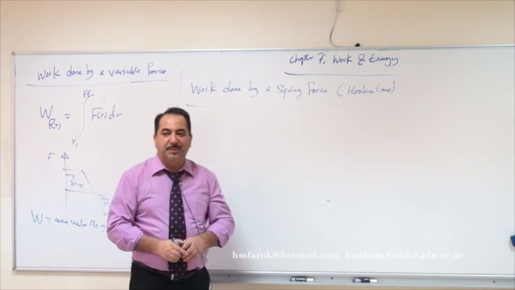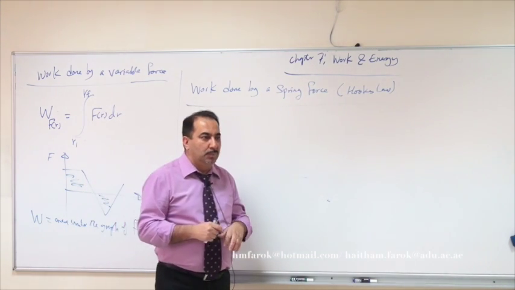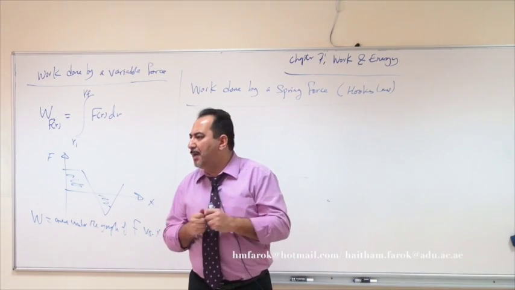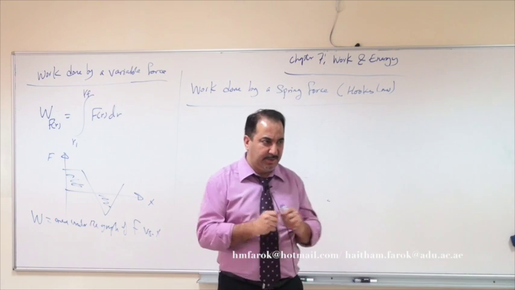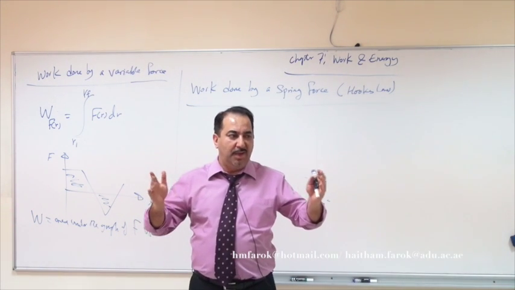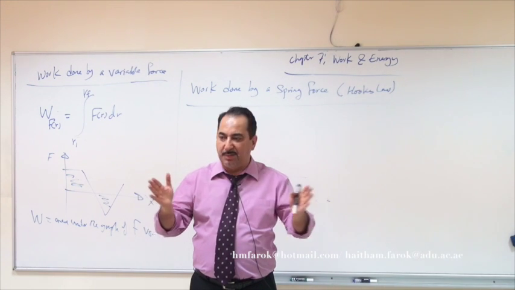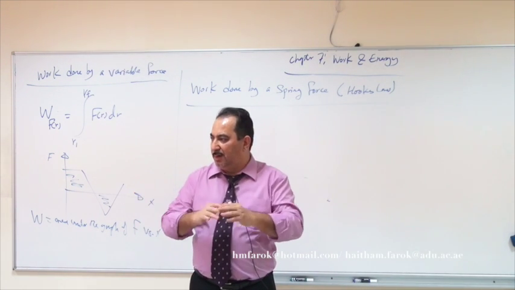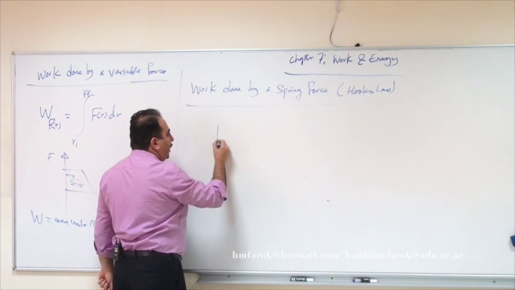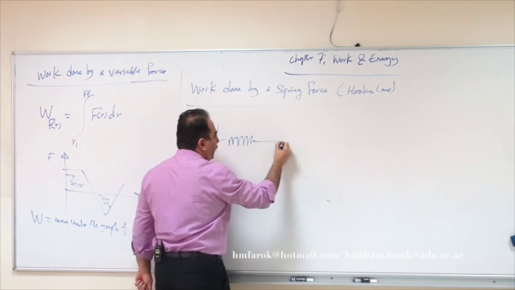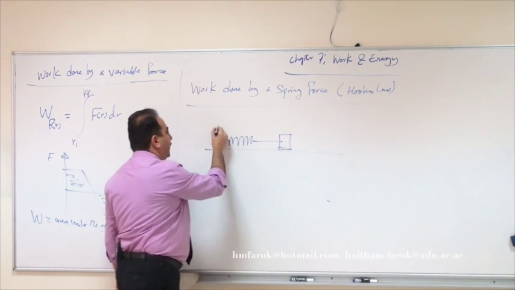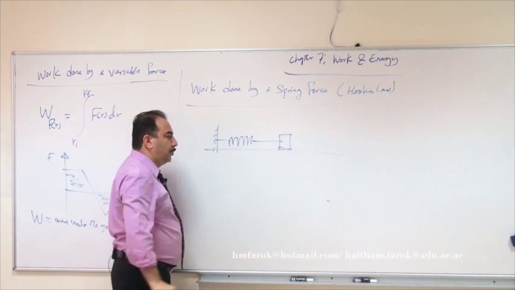Now, let's say you have a spring. And when we say spring, we mean something elastic. Spring or a rubber band, same, elastic. Not a plastic, something which you can pull to an extent. And then if you remove your hand or the force, it comes back to its original dimension. So if I have a spring, I put it horizontally on a surface, and here it's connected to a point.